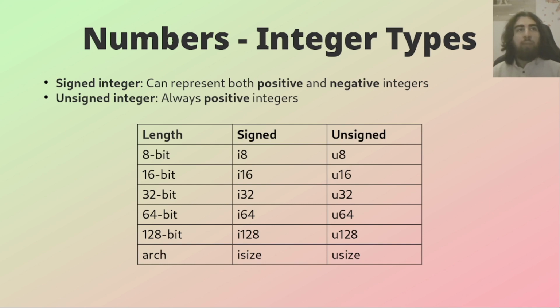Now the last element in the table over here is arch, and arch stands for architecture. That means the size of these two types, isize and usize, depends on the computer's architecture. I guess most of you today run computers with a 64-bit architecture, meaning isize and usize have a size of 64 bits or 8 bytes.